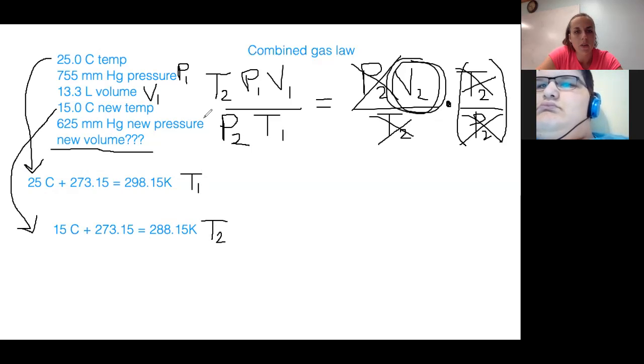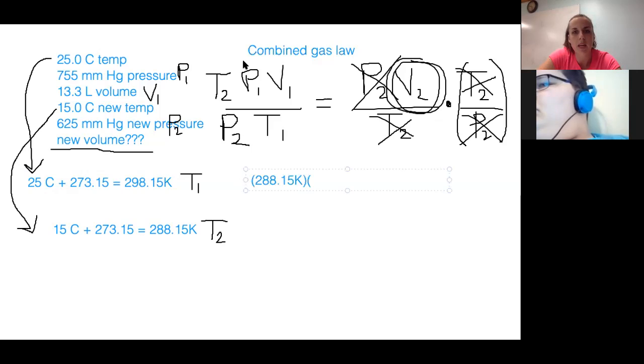And this was my new pressure, so that was P2. Okay, now I have all the pieces I need, and I'm going to plug them in and see how everything matches up: P1, V1, T2, P2, T1. So I'm just plugging it in. All right, so let me do that here. T2 is first, and that is 288.15 Kelvin.